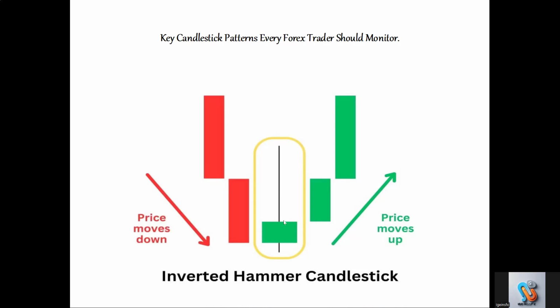It means that when it closed like this, it closed bullish with a wick facing up, like this. This is what we call an inverted hammer. It's a very, very important candlestick for you to really know.